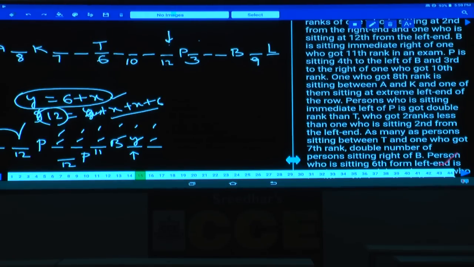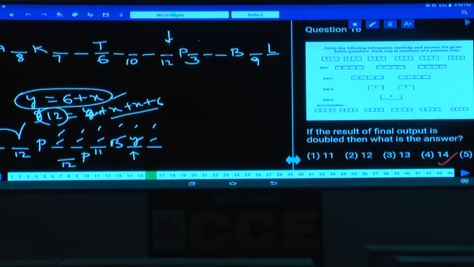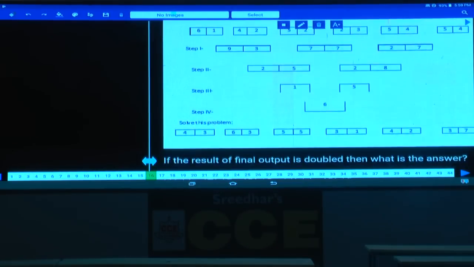Now this question number 16 to 18 is based on input and output. Now 6, 1, 4, 2, 5, 2, 2, 3, 5, 4, 5, 4 are the numbers given here.